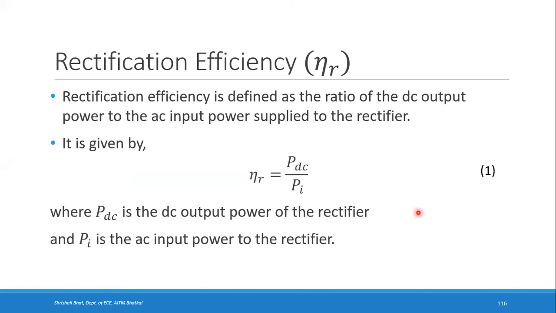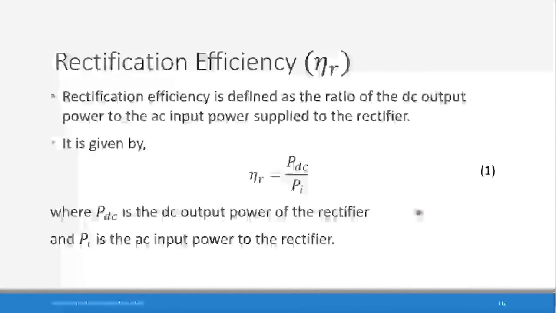That gives you the measure of efficiency. Rectification efficiency is defined as the ratio of DC output power to the AC input power supplied to the rectifier, right? Ratio of output power to input power. Here the output is DC, whereas input is AC. So DC output power to AC input power.